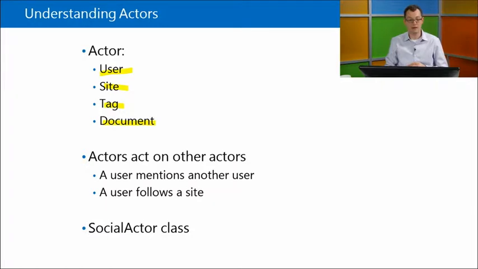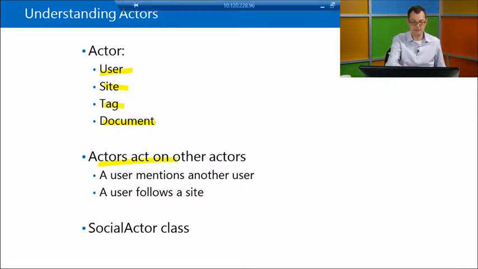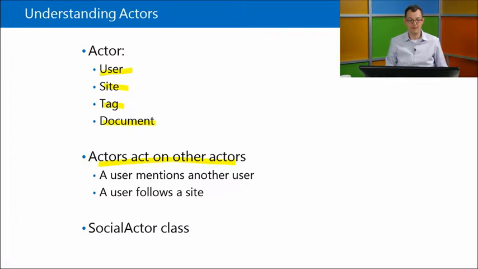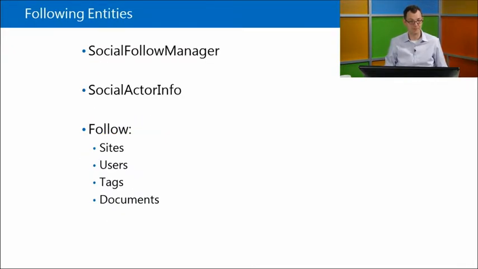And again, you can follow users, sites, tags, and documents. And there's also a note there about how actors act on other actors. So I interacted with a tag. I was the user actor. The tag was the actor that was followed. That's correct.